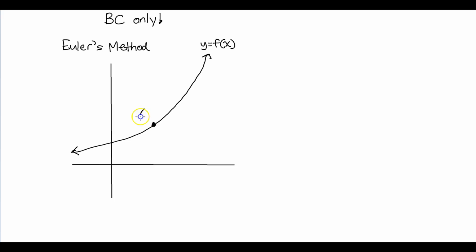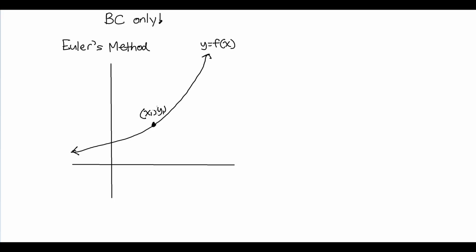Let's call this x1, y1. Now, what do you do? Okay, so Euler's method basically abuses tangent lines in order to basically draw, in quotes, the curve.